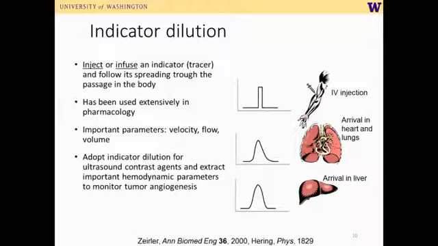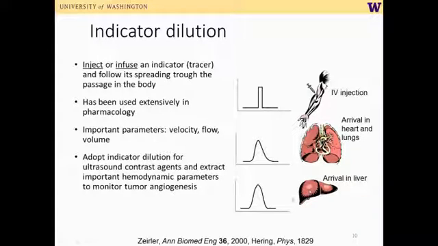So indicator dilution, which is the technique with which we're quantifying, relies on injecting an indicator, a tracer, and following it spreading through the passage in the body. So we put in a delta function here intravenously, in our case the microbubbles, and as this is propagating through the lungs and the heart, it's spreading out, and eventually it's arriving in the region of interest.